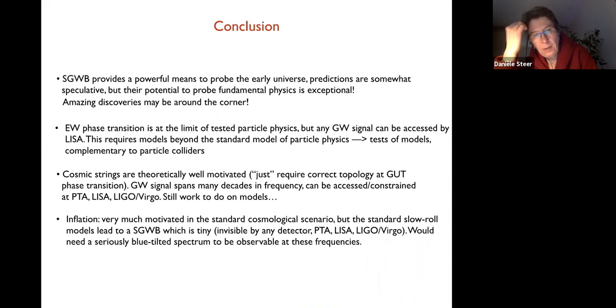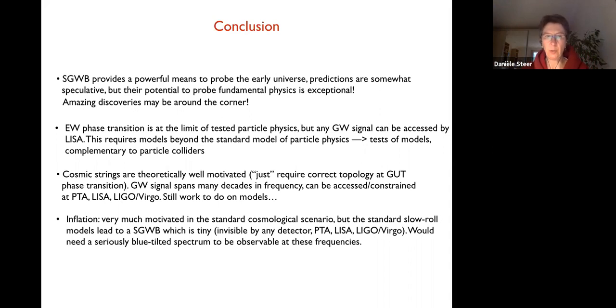The stochastic gravitational wave background, as I explained in the last lecture, provides an absolutely wonderful means with which to probe the early universe. But in a sense, by construction, because we're looking at physics at such high energy scales, the predictions are speculative. If it's the electroweak phase transition, for example, we don't quite know what physics is going on.